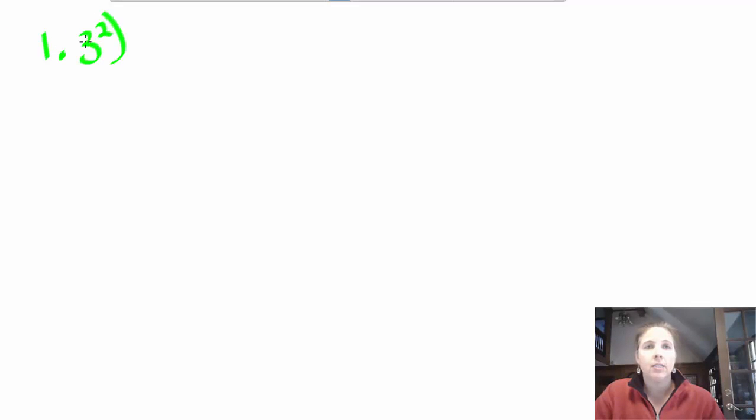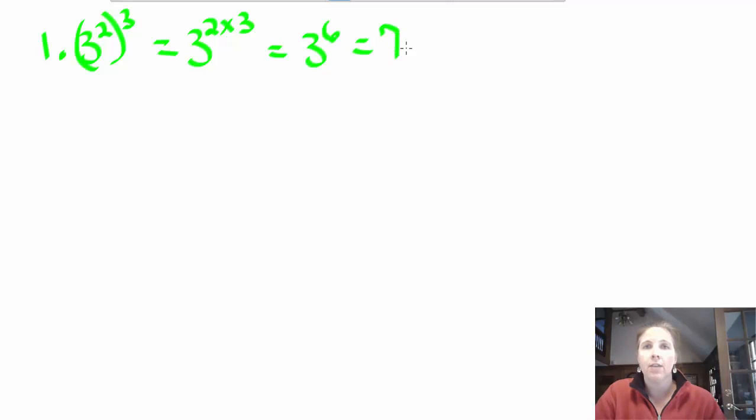Okay, so let's do a few examples of that. We're going to have to squeeze these all on here. Example 1 is 3 squared cubed, which is 3 to the 2 times 3, which is 3 to the 6th, which is 729. Remember, if there's a number, you actually have to give a numerical answer.